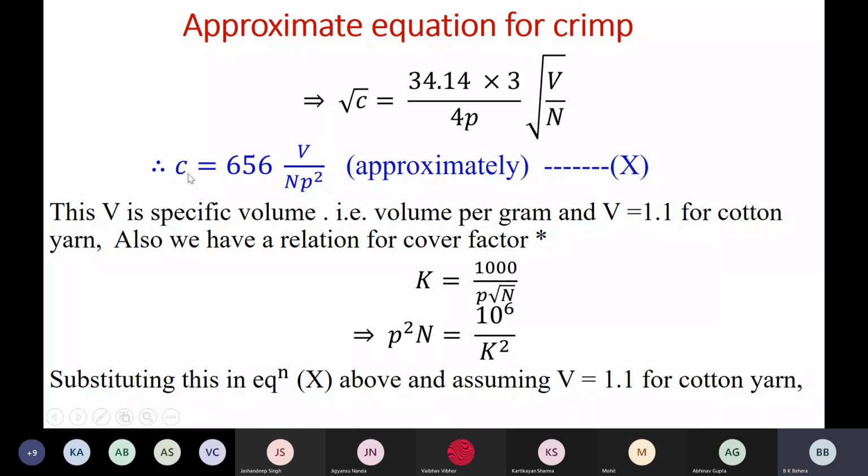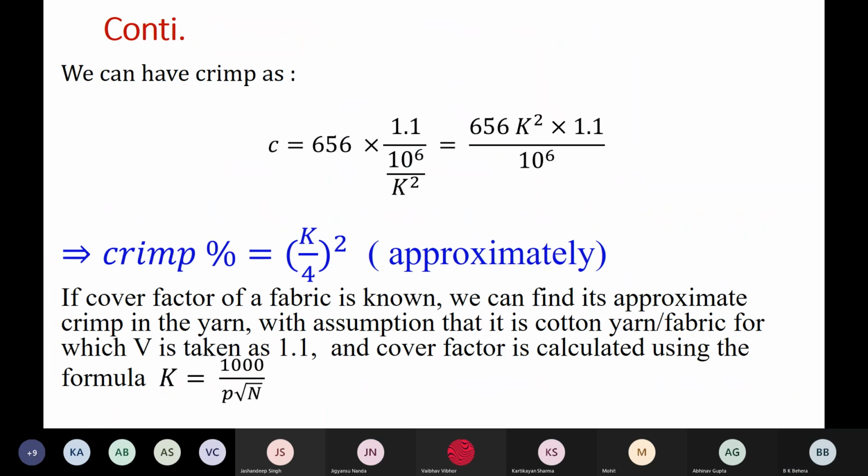Then the crimp C in any yarn of a cotton fabric can be expressed in terms of cover factor. And that expression is this: crimp percentage is approximately equal to cover factor divided by 4, whole square.